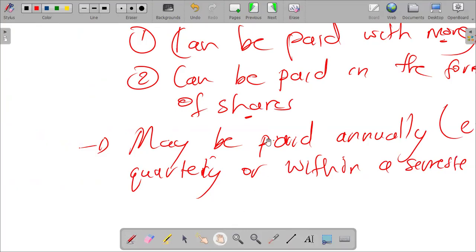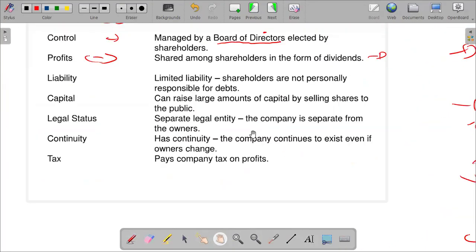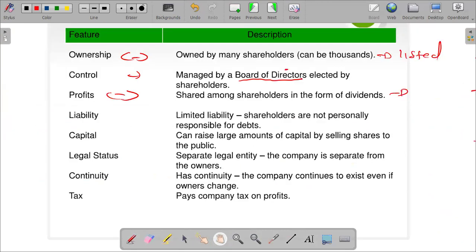So they can be paid annually within a year, or within 6 months, or within 3 months. All right, so that's what profit sharing is.